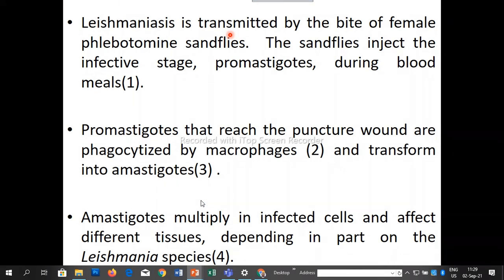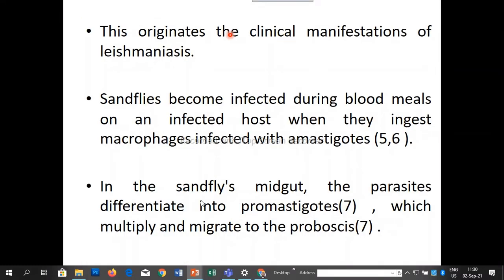The promastigotes that reach the puncture wound are phagocytized by macrophages and transform into amastigote, whereby amastigotes will multiply and infect the cell and affect different tissues depending in part on the Leishmania species. This originates the clinical manifestation of leishmaniasis.